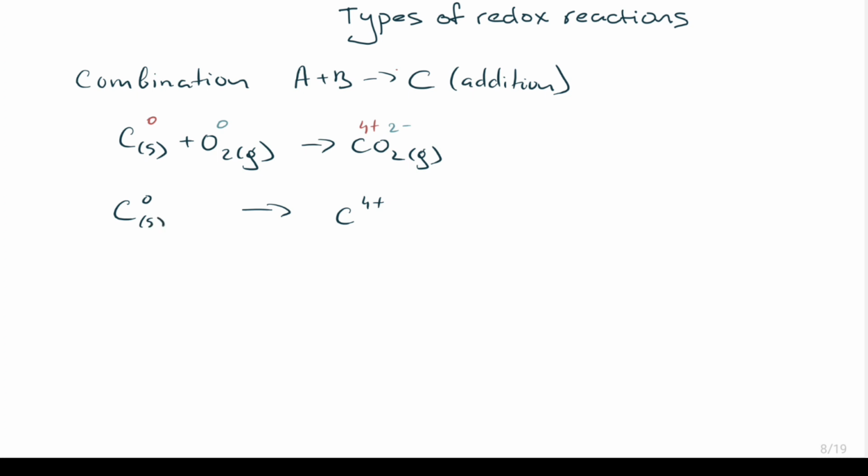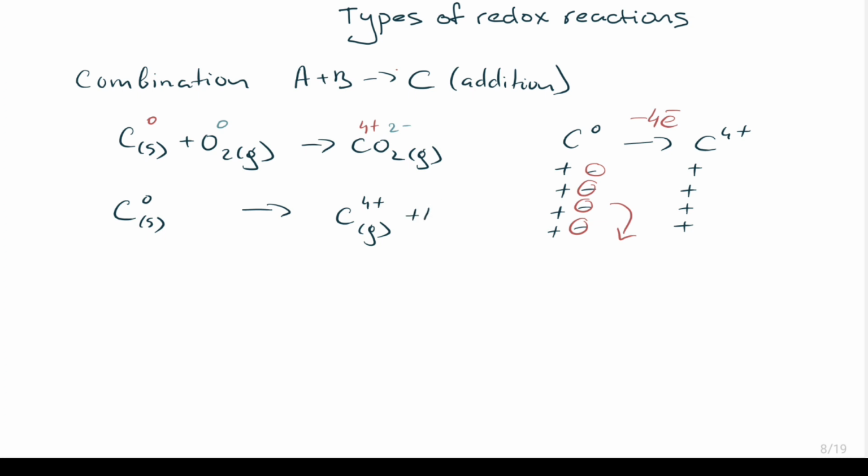The problem can arise when you cannot define whether it is reduction or oxidation. So how can you find out? Let's write 4 pluses for carbon, 0, and 4 minuses. And after, you will observe that there are minus 4 electrons, because you will lose 4 electrons in order to become 4 plus.